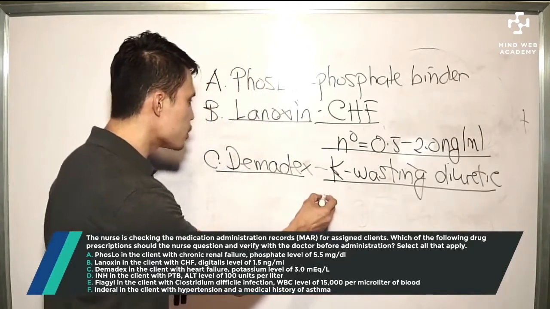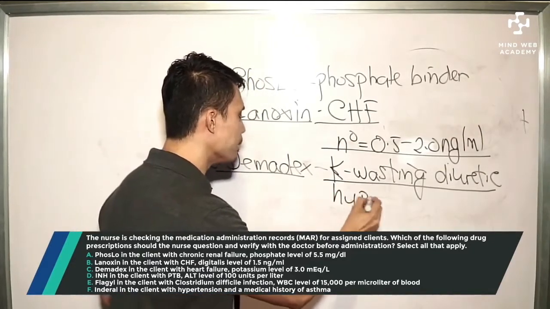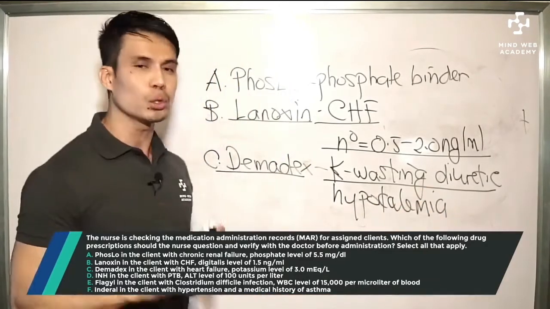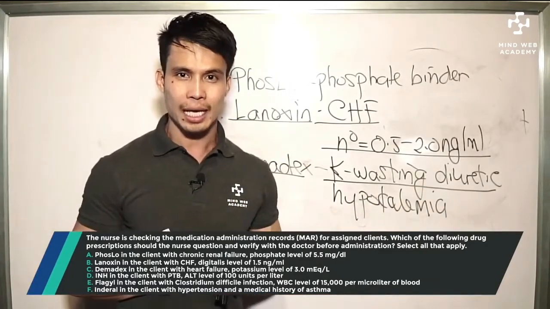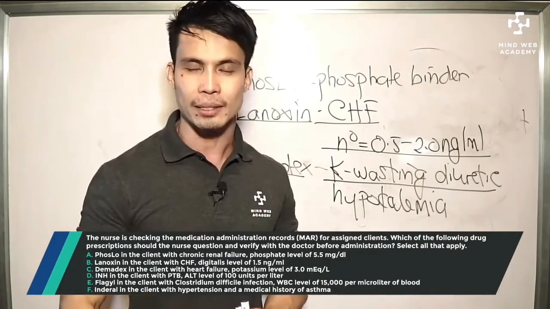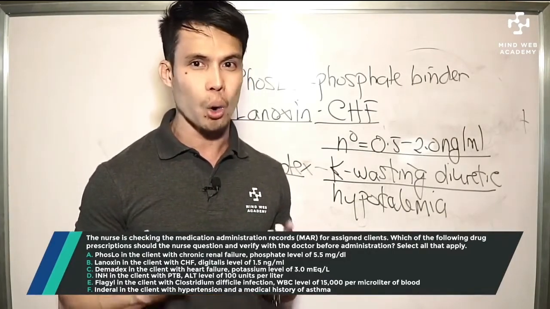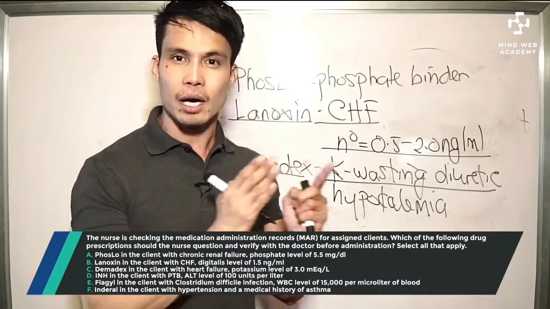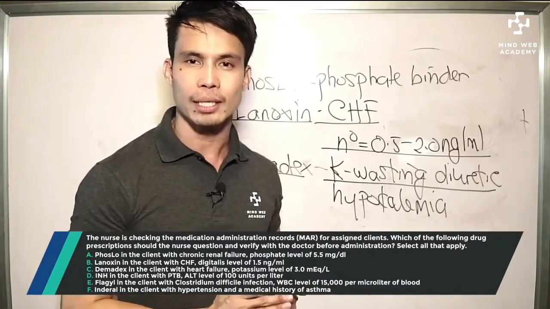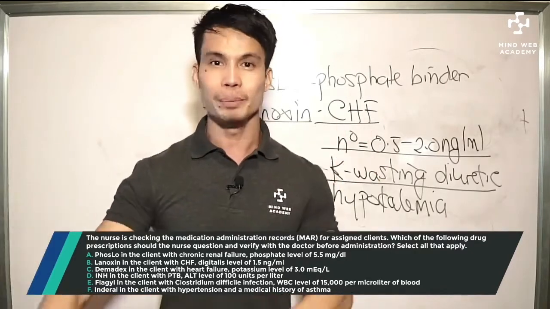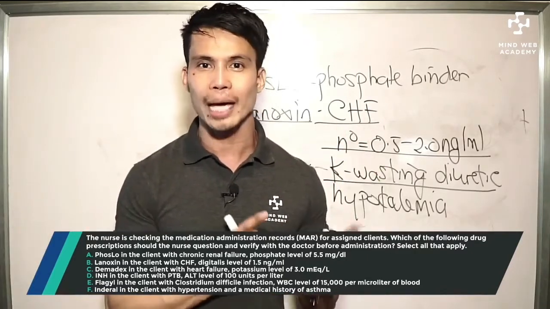Since you have hypokalemia in letter C as your case, try to ask yourselves, nurses, can I give a potassium wasting diuretic to clients suffering from hypokalemia? Obviously, no. Why? If I give a potassium wasting diuretic agent, more potassium will be eliminated, leading to hypokalemia.